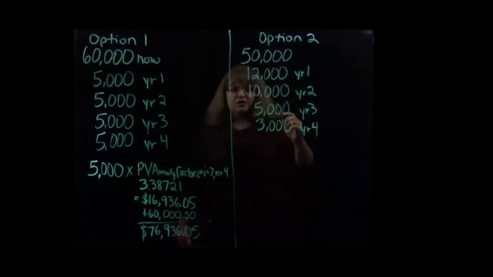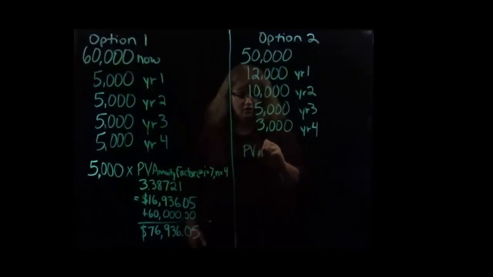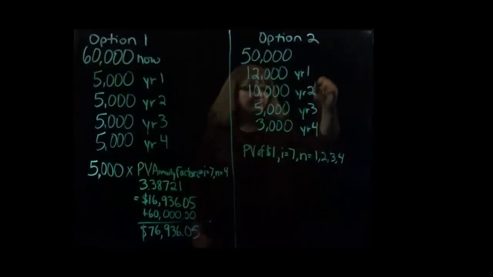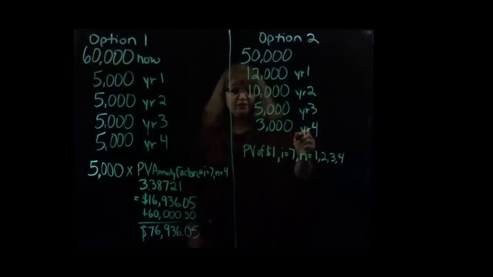We're going to use the interest rate of 7. So we'll be looking at the present value of a dollar table, and we'll be looking at I equals 7, and then n is going to be 1, 2, 3, and 4 respectively for each of the relevant periods.